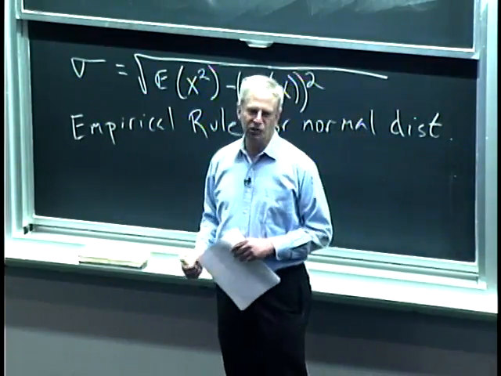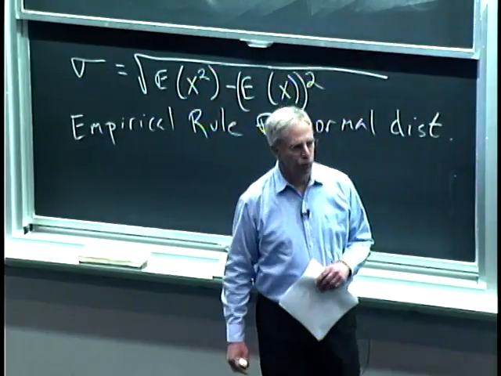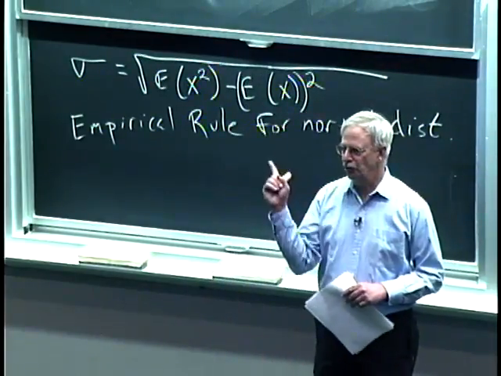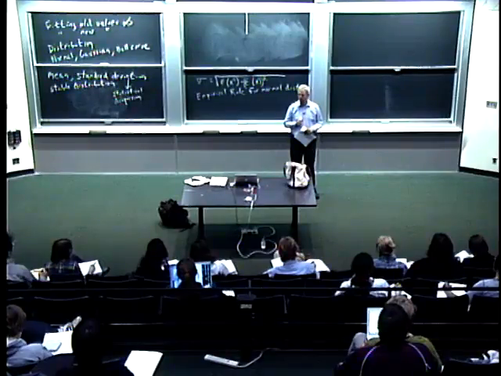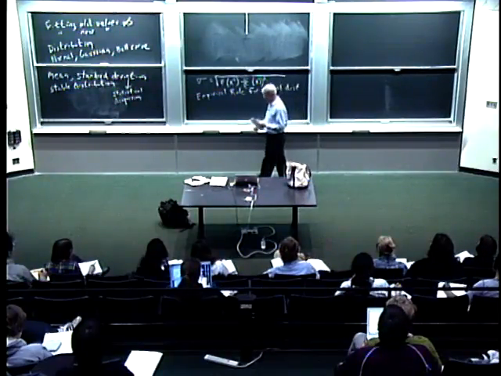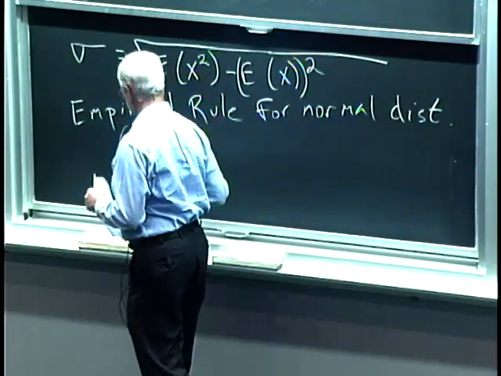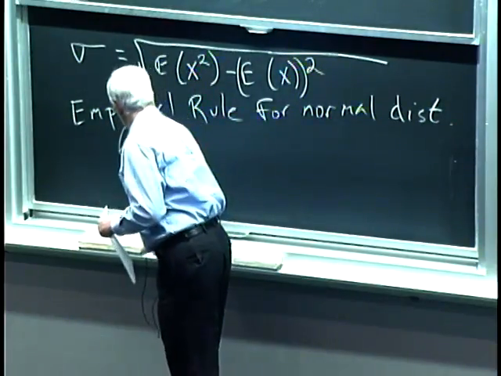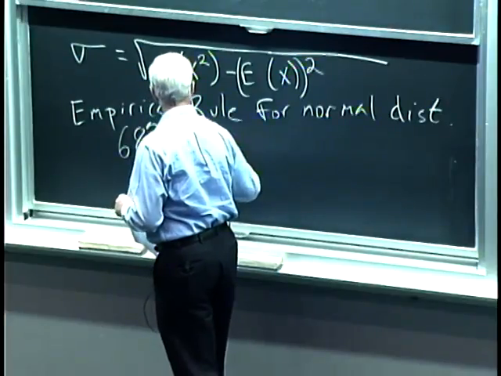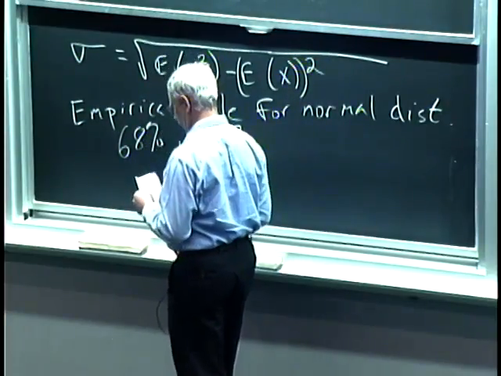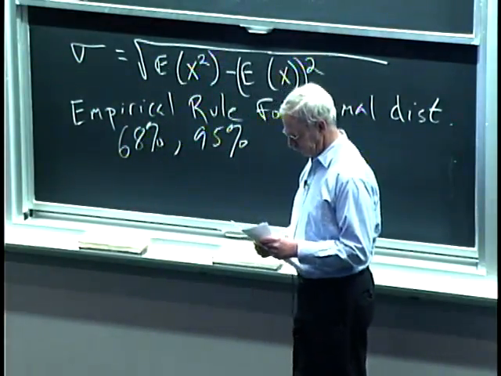So anyone know how much of the data you should expect to fall within one standard deviation of the mean? 68. So 68% within one, 95% of the data falls within two.